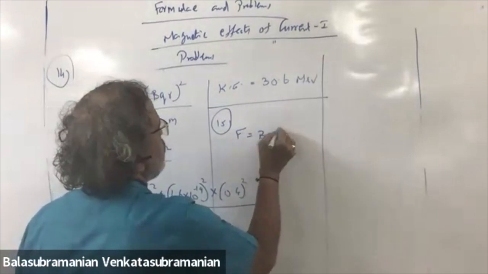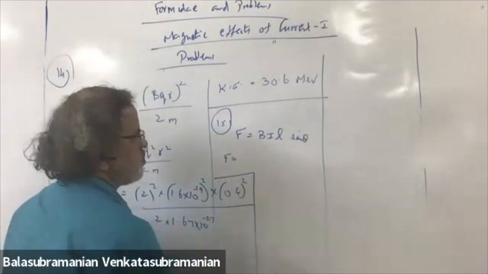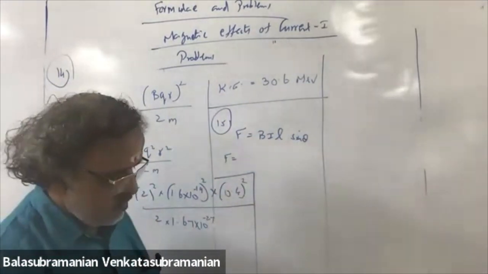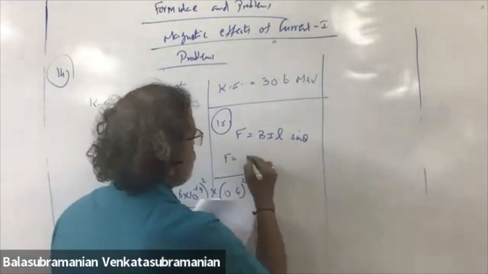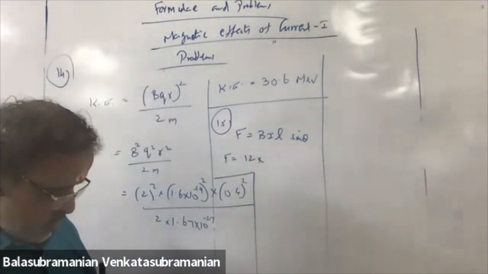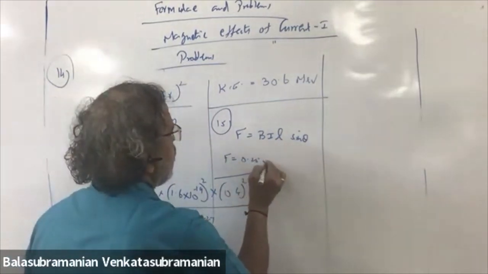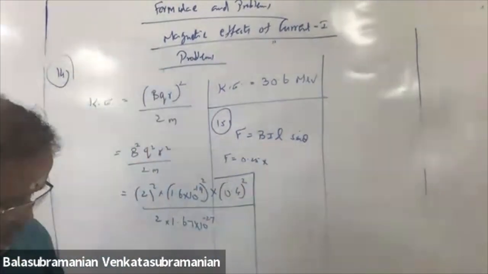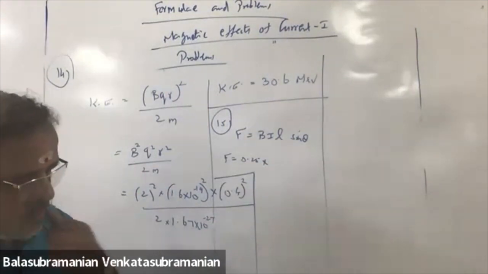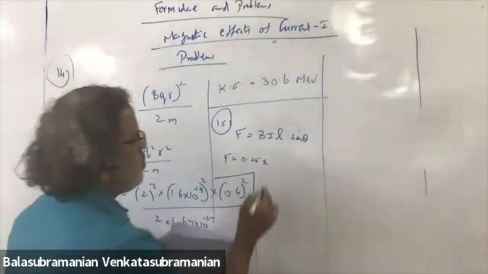F is equal to BIL sin theta. What is B? No, B is 0.25. Current 12 ampere.